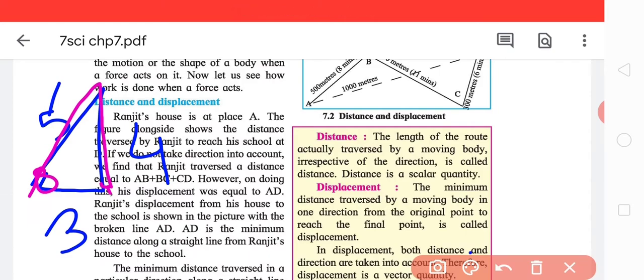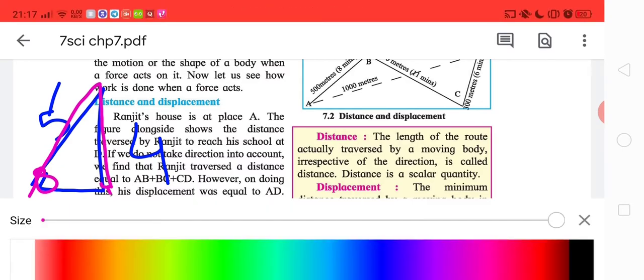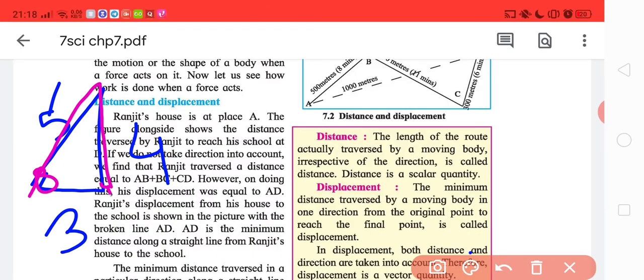The person is said to have covered a distance of 9 units. However, the displacement, which is the minimum distance between the 2 points, is 3. In cases when there is a straight line, the magnitudes of distance and displacement are equal.